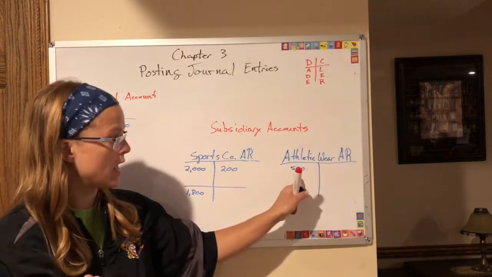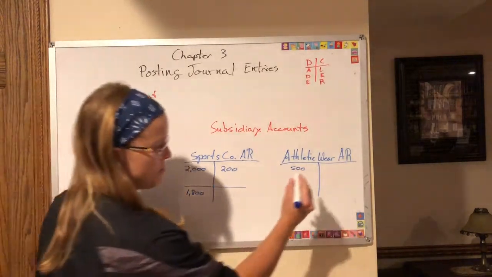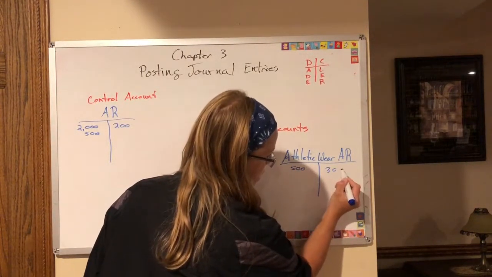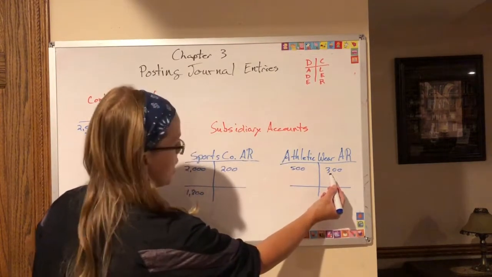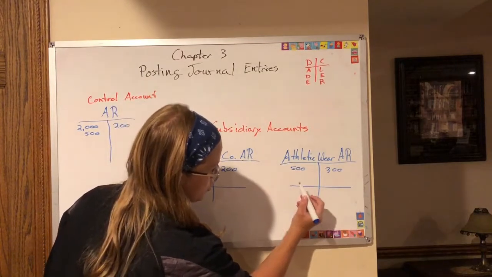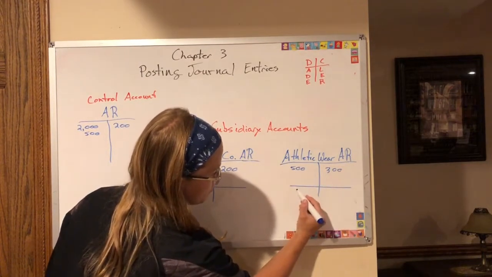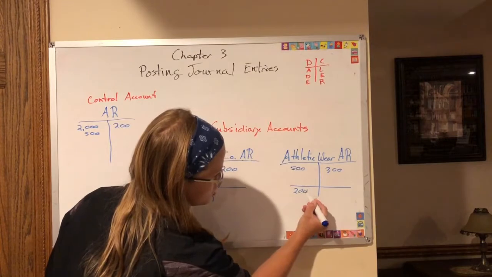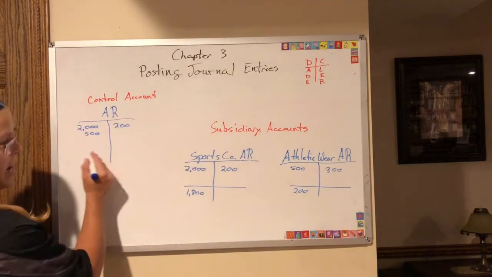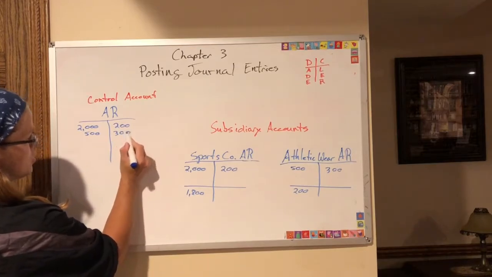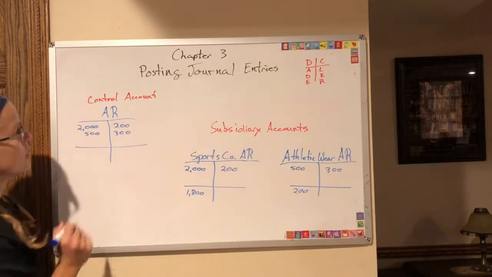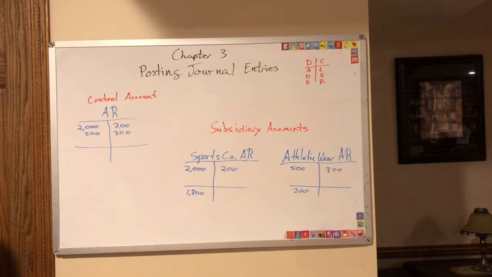And let's say that Athletic Wear pays $300. So we are no longer owed that $300. So Athletic Wear accounts receivable is moved down to $200. So we add that $300 to the control account, all right?